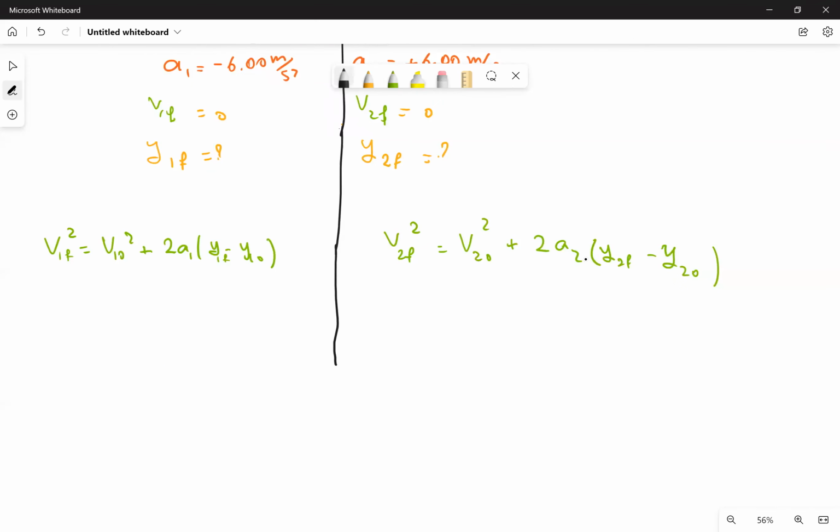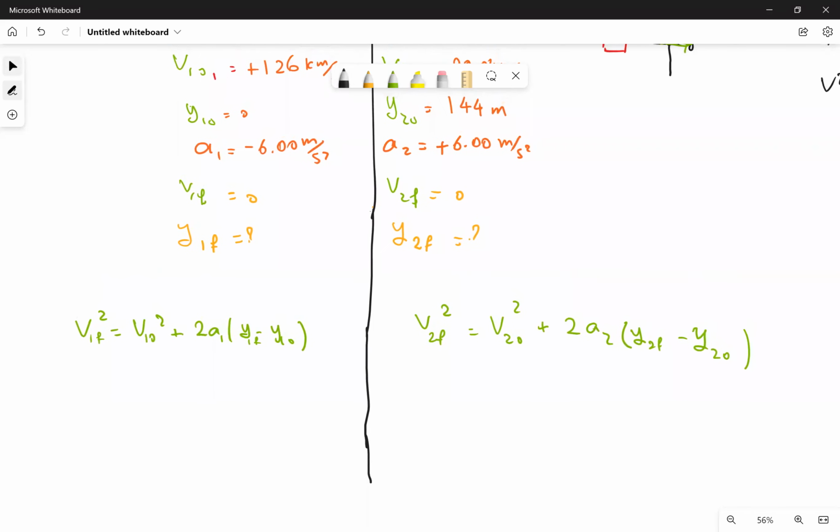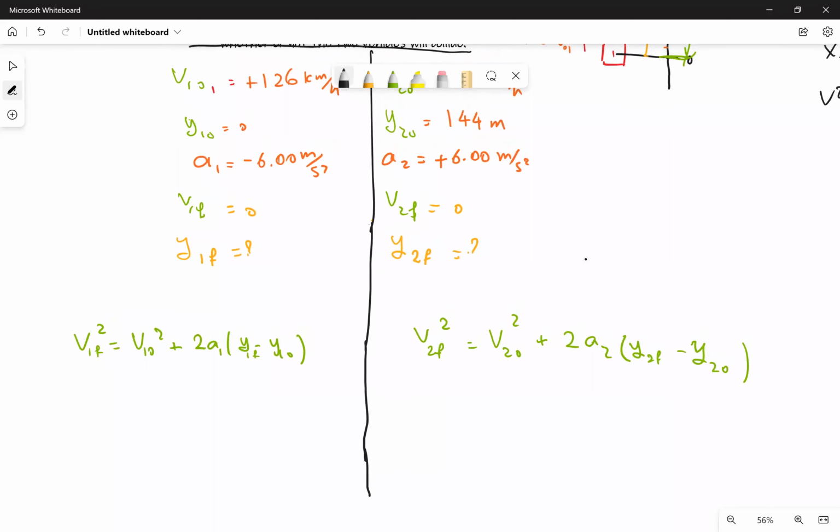Now the only thing I need to do is plug in the numbers. For example, for the first equation, V1F I know, and it's going to be equal to 0. V10 is going to be 126 kilometers per hour, and it would be a good idea to convert that kilometers per hour to meters per second.